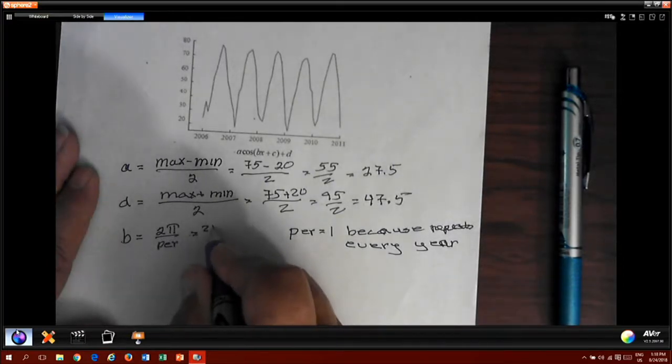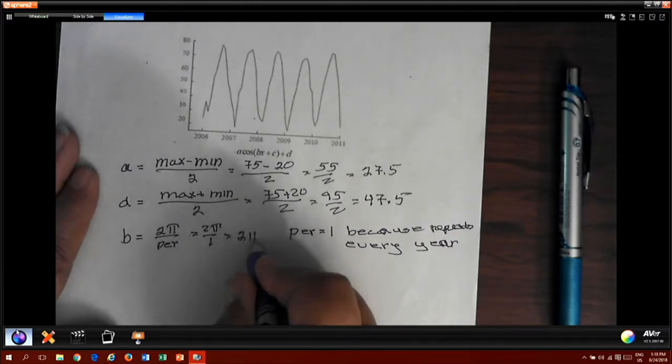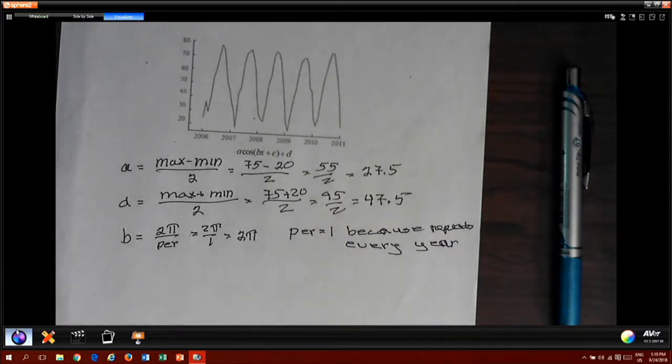This would be 2 pi over 1 equals 2 pi. Now, the problem is trying to figure out what C is.